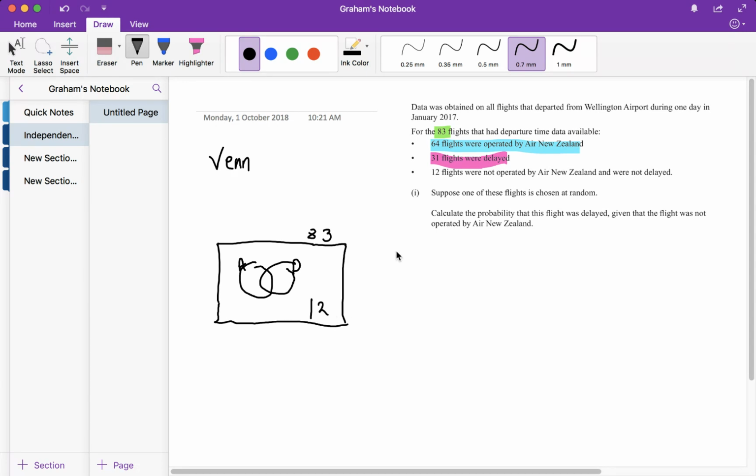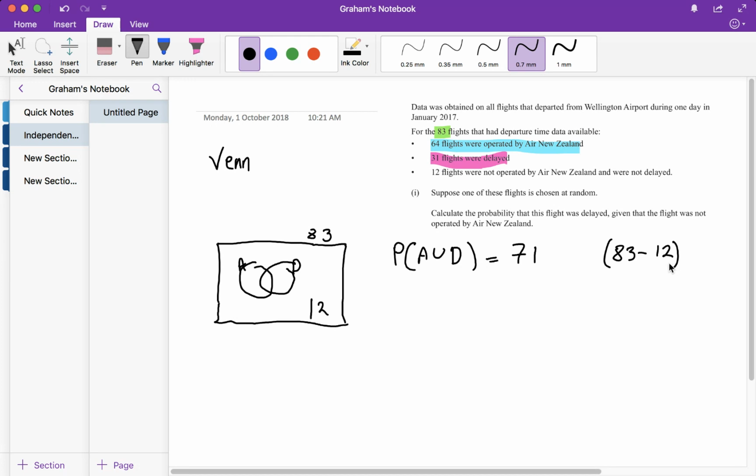So straight away, I know the probability of Air New Zealand or delayed is going to be 71, which is basically 83 minus 12.